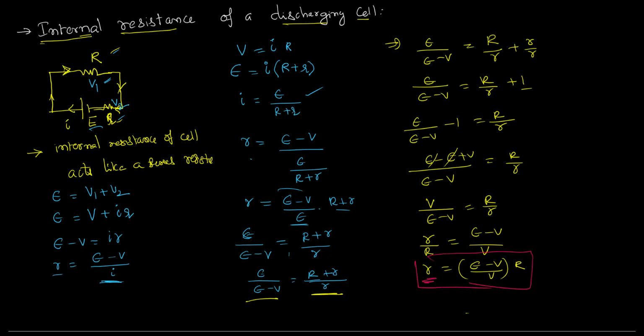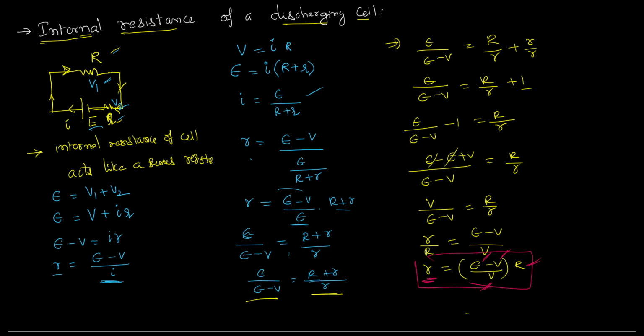So the internal resistance of a discharging cell is the total EMF supplied by the battery minus the potential drop across the external resistance, divided by the potential drop across the external resistance, multiplied by the external resistance itself, right?